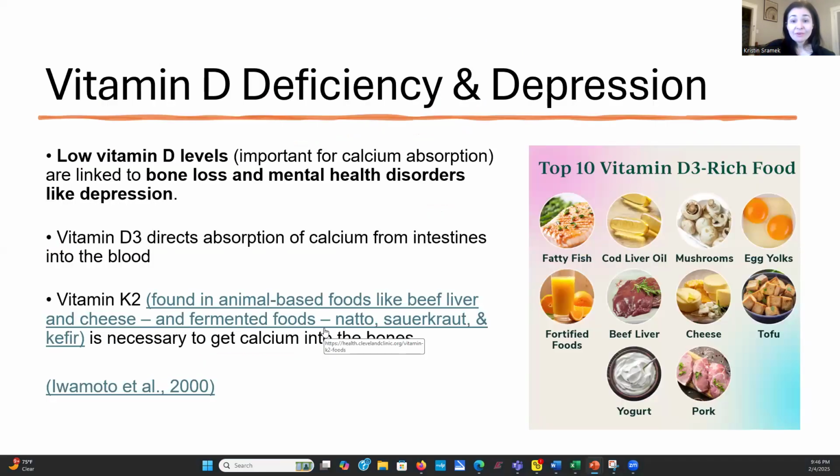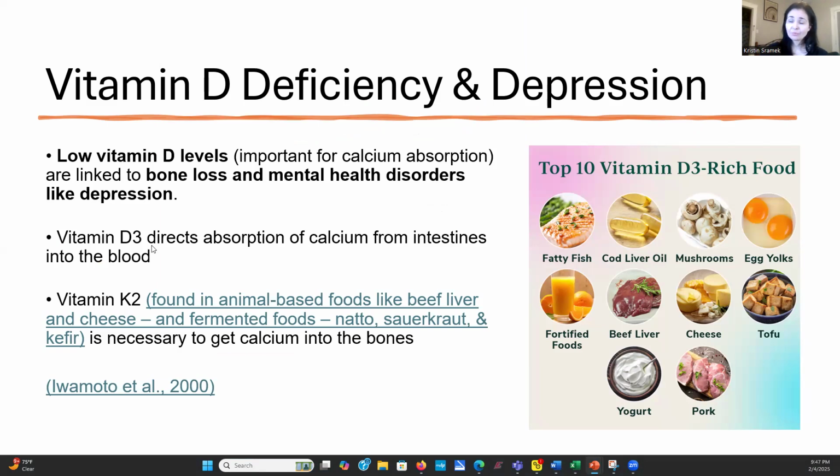All right. We also have vitamin deficiencies. The first one we're going to talk about is vitamin D. So low vitamin D levels, which is really important for calcium absorption, is associated with bone loss, which we saw with osteoporosis, and mental health disorders, specifically things like depression.